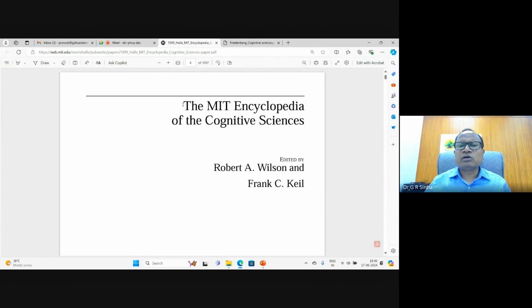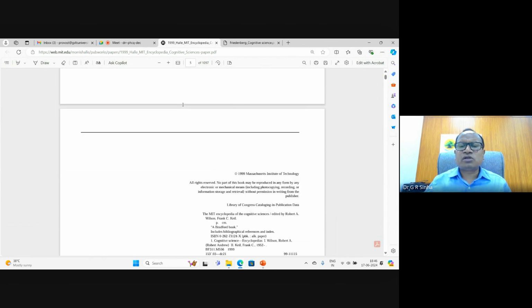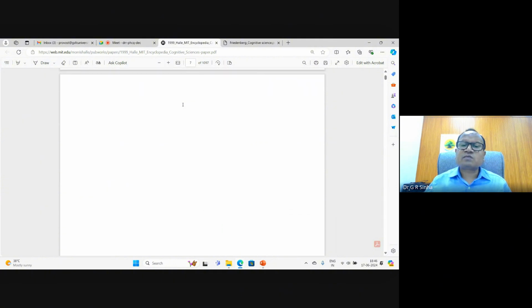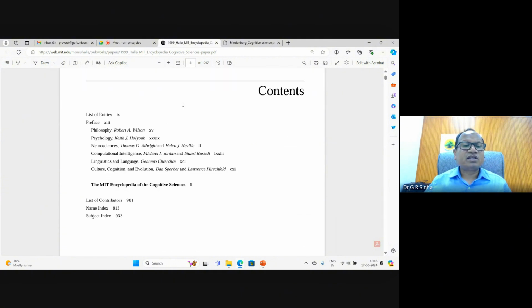It's a very good book, dealing with all the psychological, philosophical, and neuroscience aspects. All of these are covered: philosophical, psychological, neuroscience, computational intelligence, linguistics and language, culture, cognition, and evolution. I have already included the link. Please go through this book. You will just love it when you are interested in knowing about cognitive science.